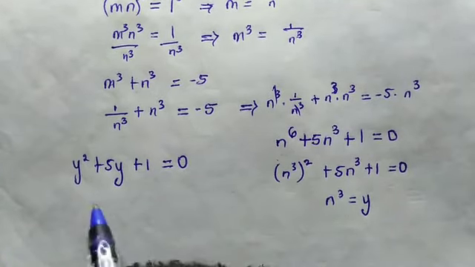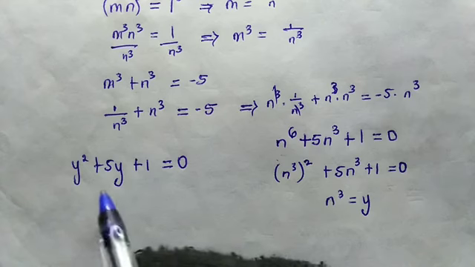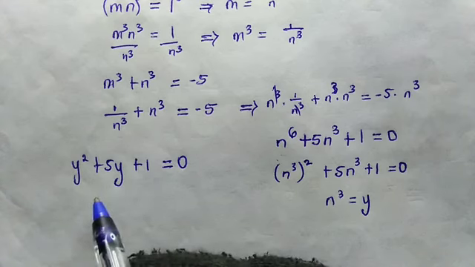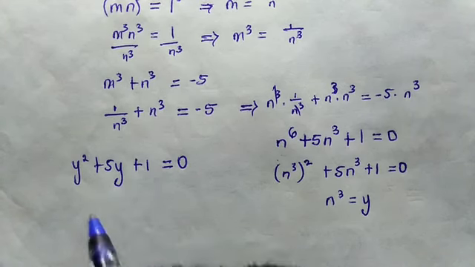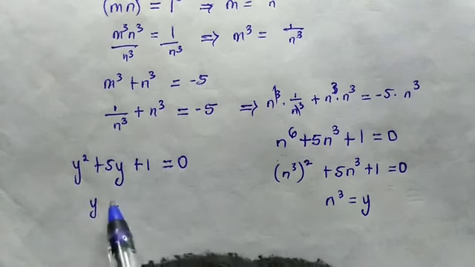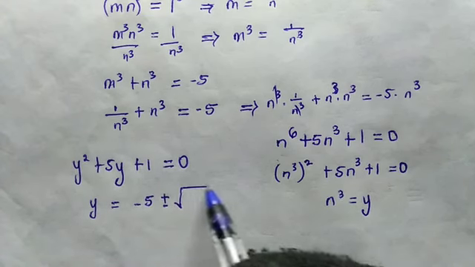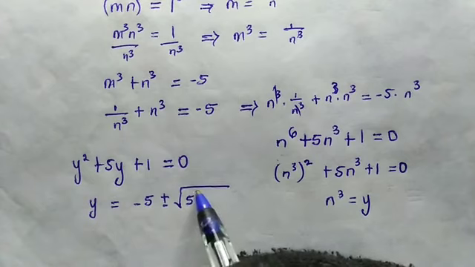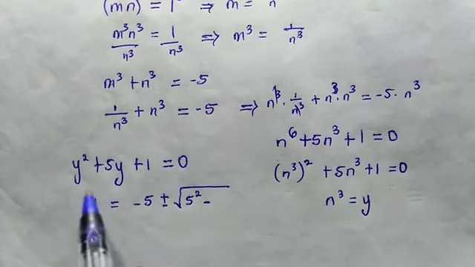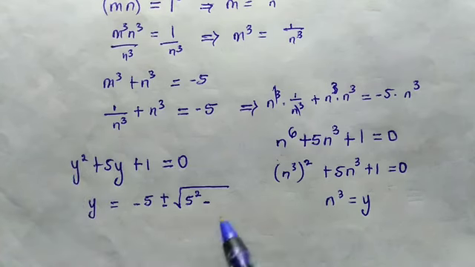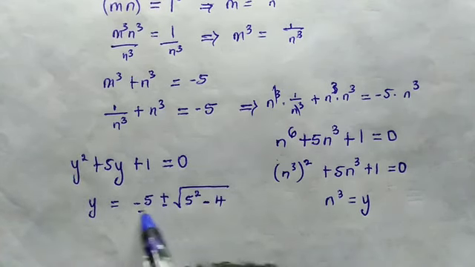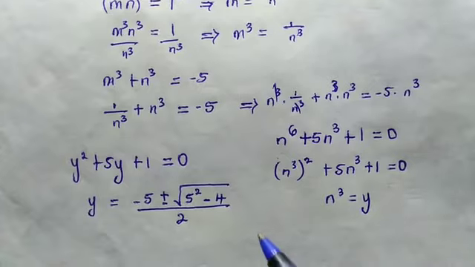Now from here, we have to solve this quadratic equation using Brahmagupta's general quadratic formula. y is going to be negative b, which is negative 5, plus or minus the square root of b squared, that is 5 squared, minus 4ac, which will be 4 times 1 times 1, which is 4, all over 2a, which is 2 times 1.